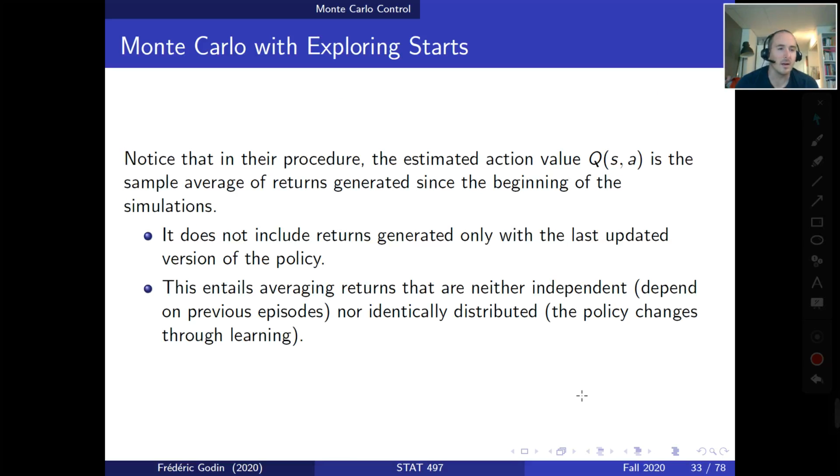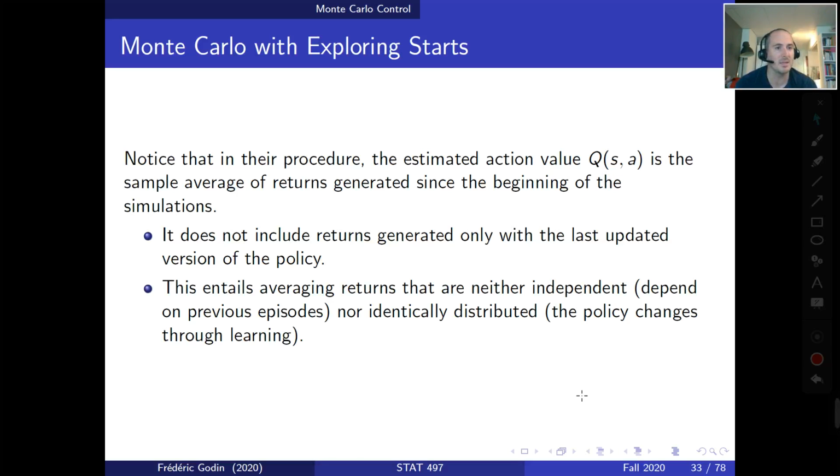So one quick detail here. While this process goes on, every time we generate a new episode, the policy used in that episode has been changing.